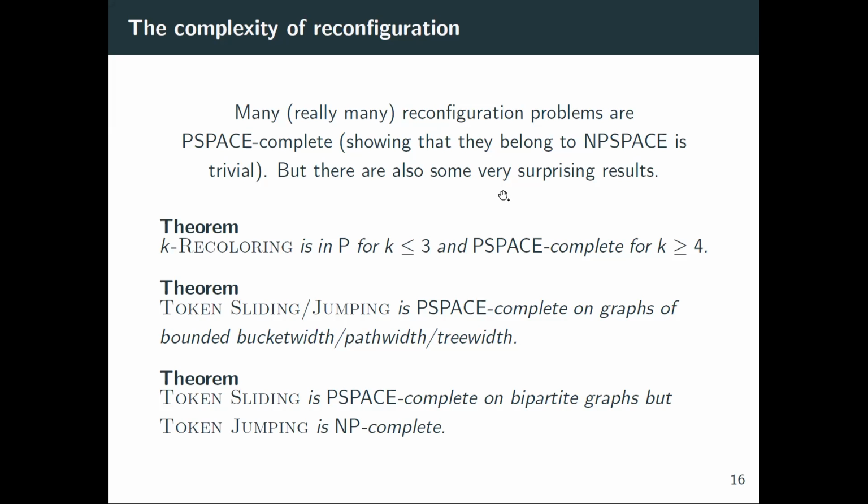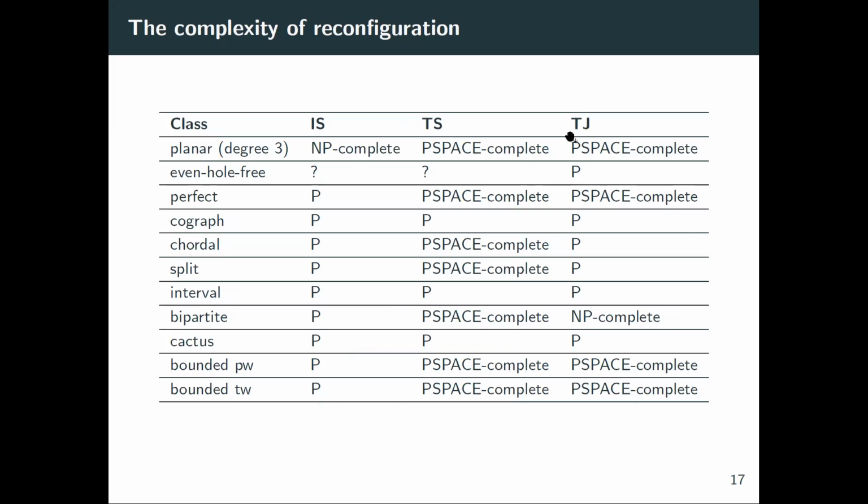All right. So in fact, we know a lot more about token sliding and token jumping. These problems have been at the heart of the area of combinatorial reconfiguration. They have been studied so much, and we know so much about them, at least in terms of standard or classical complexity.